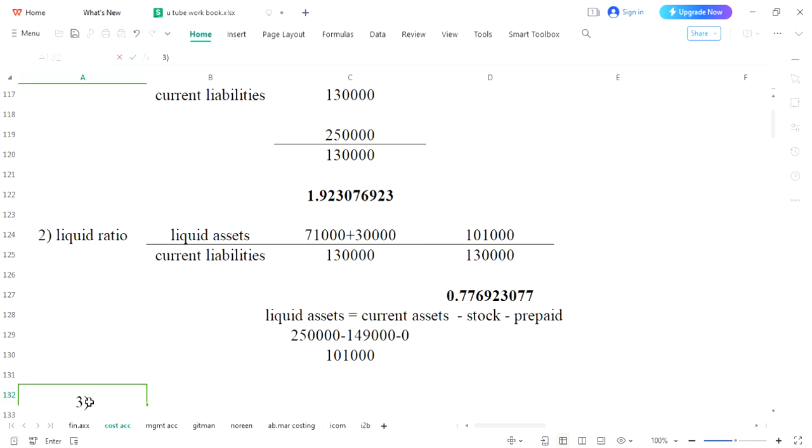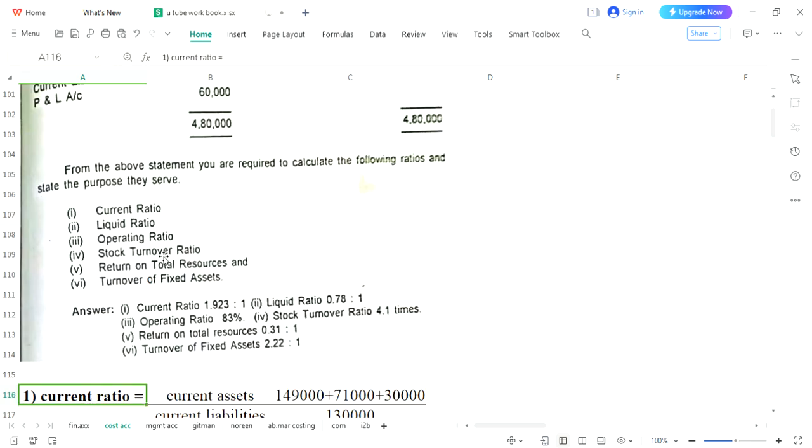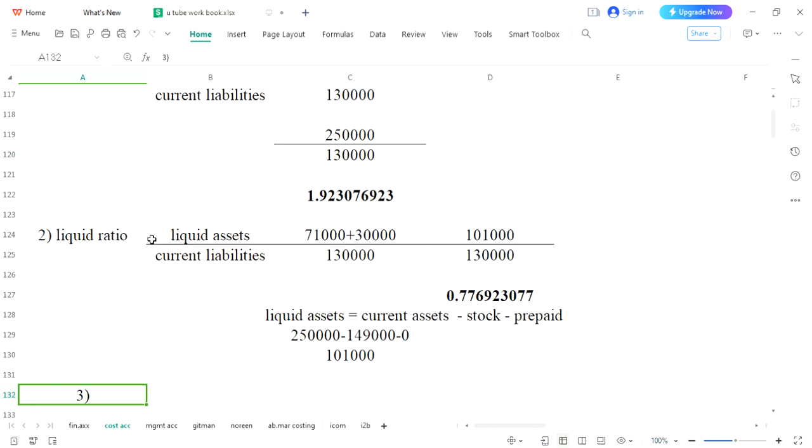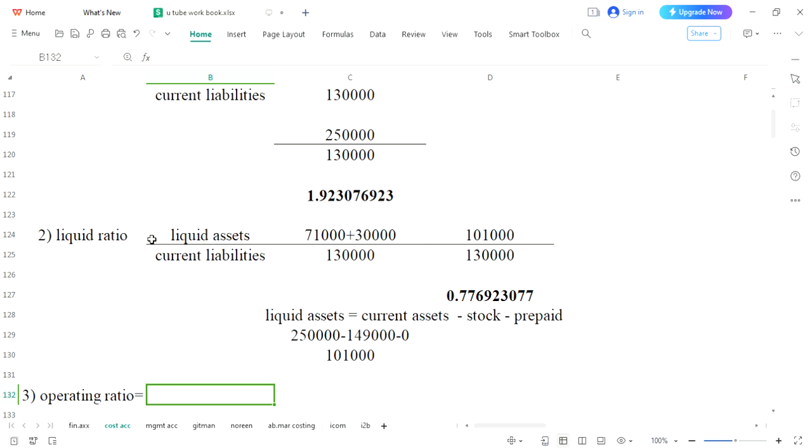Number 3, which is required, is the operating ratio. I'm hopeful that you have learned the formula of operating ratio. For that, what you will do is take cost of goods sold, and then add operating expenses.